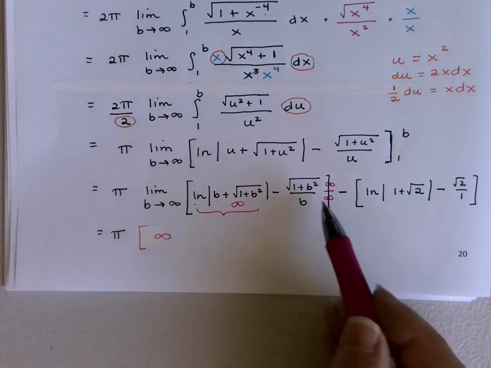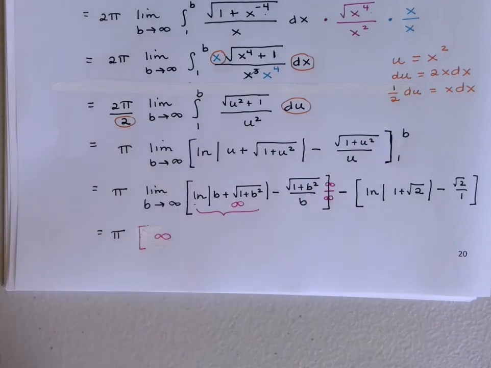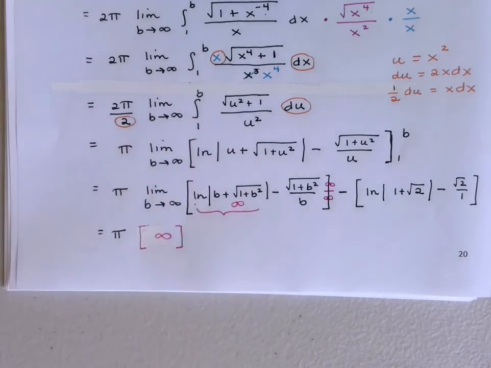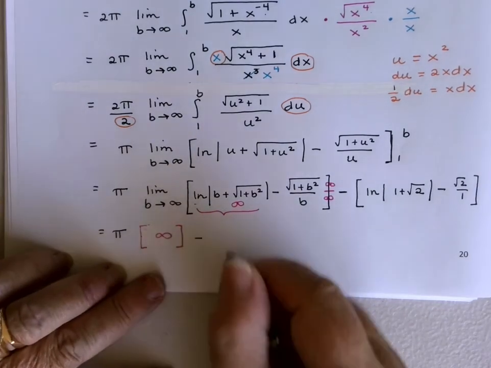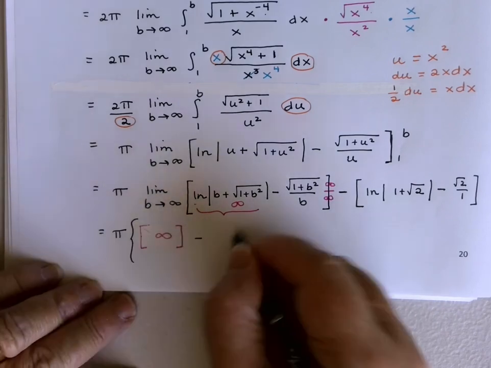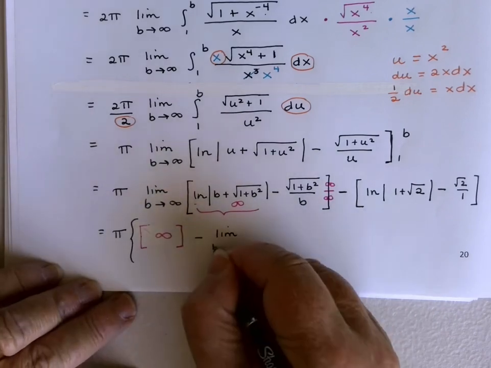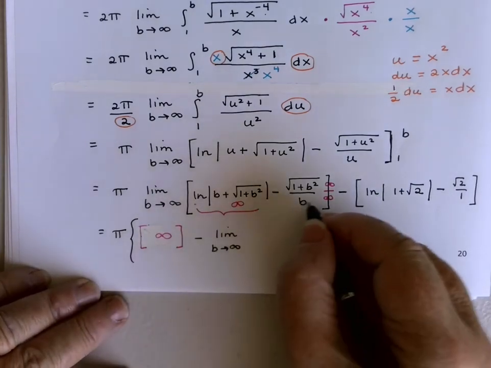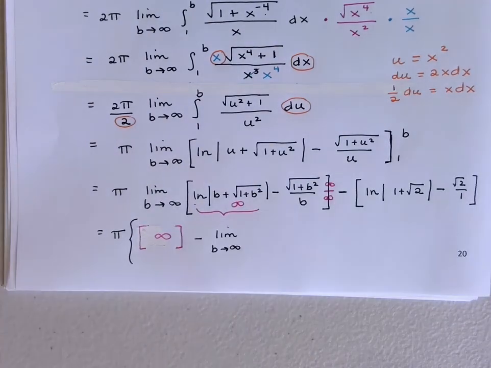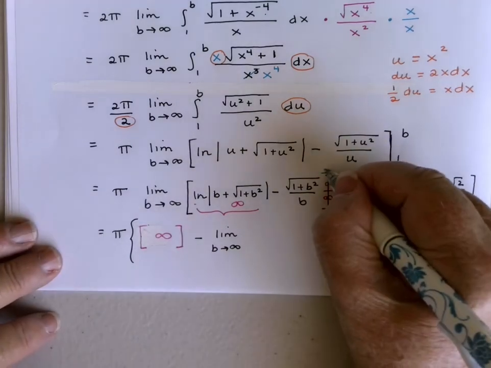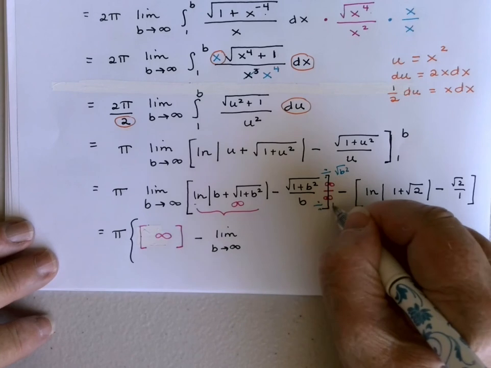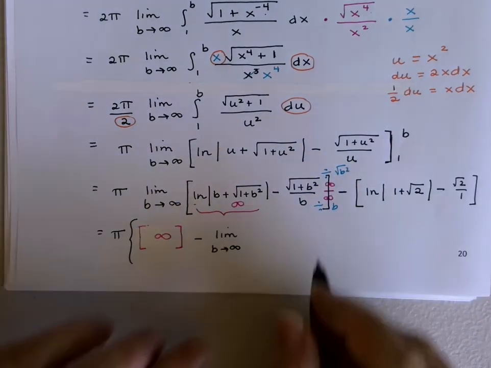I'm going to divide the top and the bottom by the highest power of b. Let's just go ahead and do this. We divide by square root of b squared on top and just plain b on the bottom.